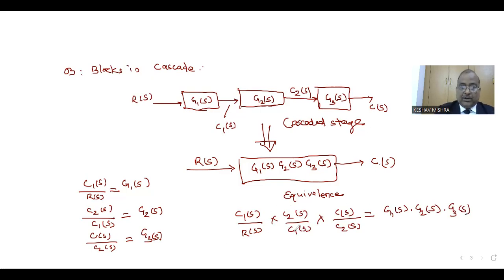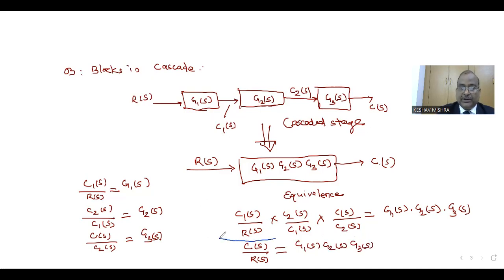So this is the overall transfer function, the ratio of final output to input of the first stage, and this is equal to G1(s) G2(s) G3(s).